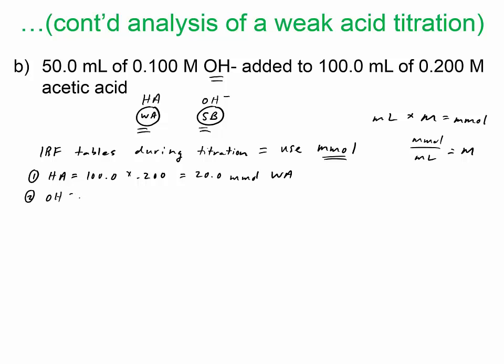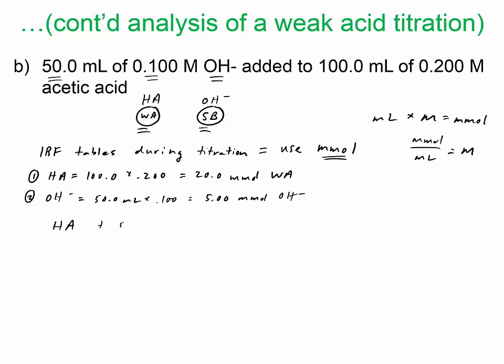We're going to add 50 milliliters of 0.1 molar OH, so 50 milliliters times 0.1 molar gives us 5.00 millimoles of OH minus. And so we're going to end up in the buffer region. I'll show you how this works.